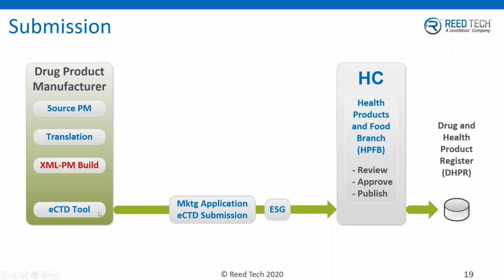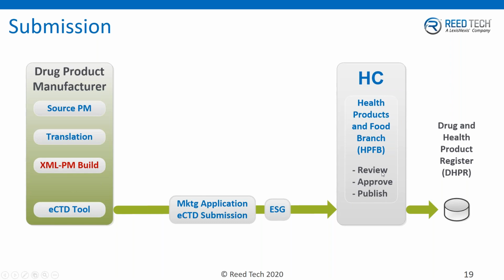And then this eCTD tool, again, nothing new there. You've been using that for your marketing application submissions. There is a particular leaf, Module 1.3.1 location, for this particular XML document and corresponding images to be transferred over to Health Canada.